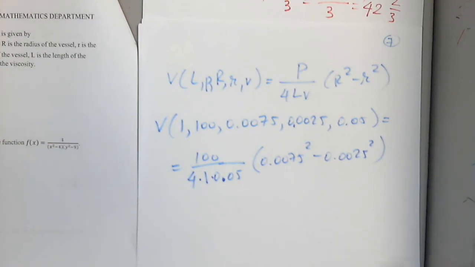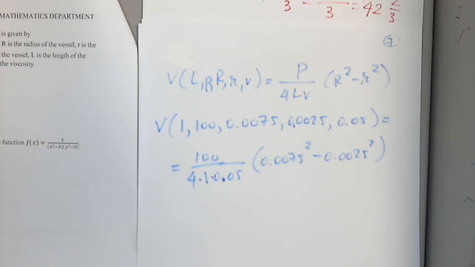So I will put this, of course, in the calculator. Don't even attempt anything. But be careful, 100 multiplied by, in parentheses, 0.0075 squared minus 0.0025 squared, close the parenthesis, and only now divide by, and in parentheses, 4 multiplied by 0.05.